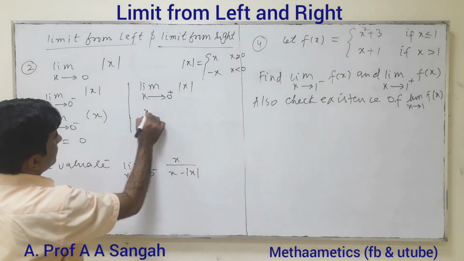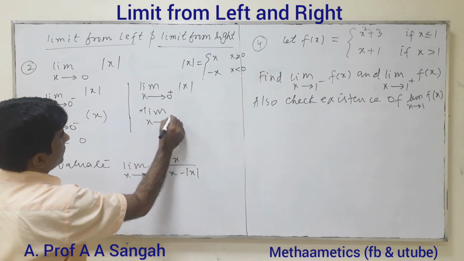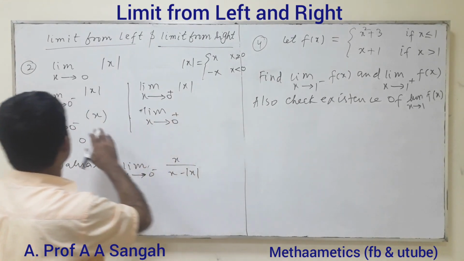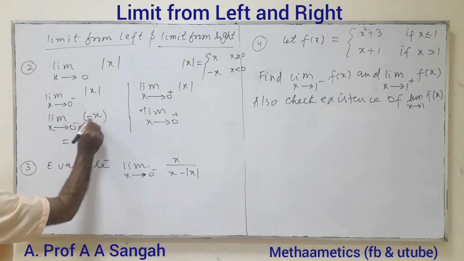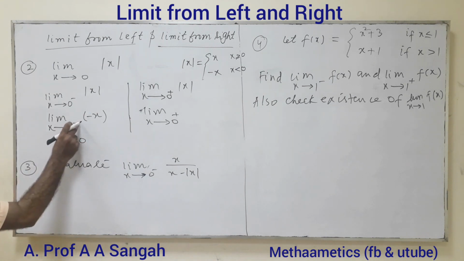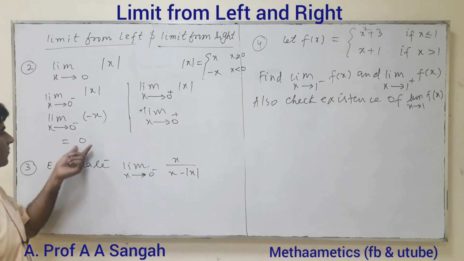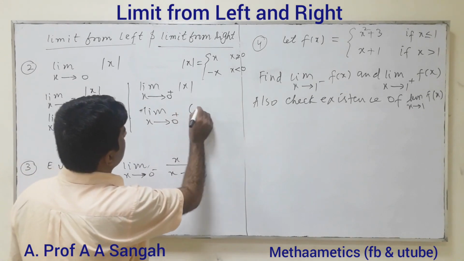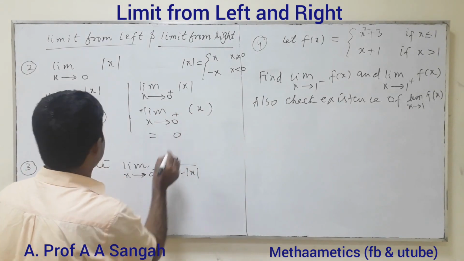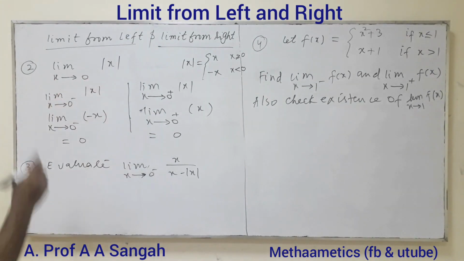From the left hand side we have minus x. If we apply the limit we get 0. The left hand side means values are less than 0. So we get 0 here, and similarly we get 0 here, meaning its limit exists. The limit of this function at 0 is 0.